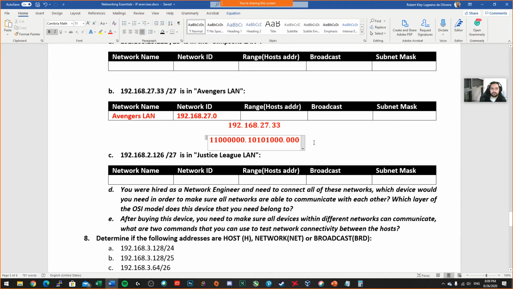Okay, 0001 1011. For 27. Oh, I'm doing 33 now. Yeah, 33. So what's 33? 0010 0001. Yeah. Okay. So what is the subnet mask?